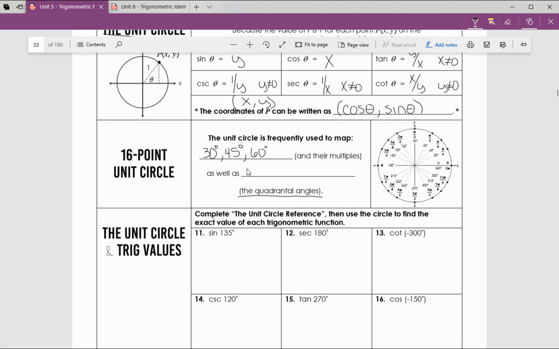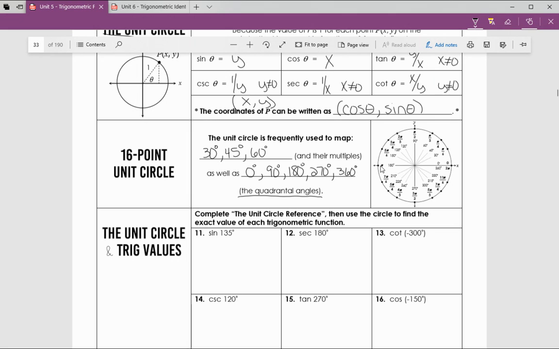The quadrantal angles would be 0 degrees, 90 degrees, which is the positive y-axis, 180 degrees, which is your negative x-axis, 270 degrees, and then, of course, 0 and 360 are at the same place.